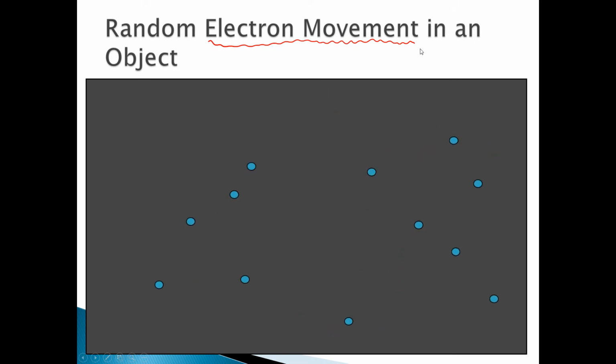Here, if each blue dot represents an electron, none of the electrons are moving in a way that would make their magnetic fields point in the same direction. Some of the magnetic fields will end up opposing other magnetic fields. Basically, this object doesn't have any pattern to the magnetic fields that get created.